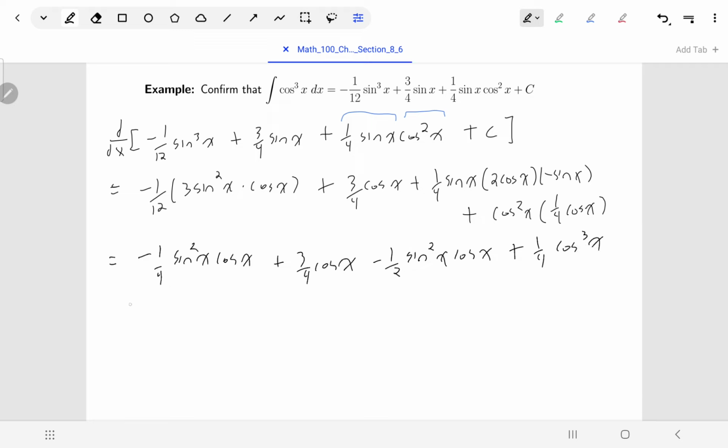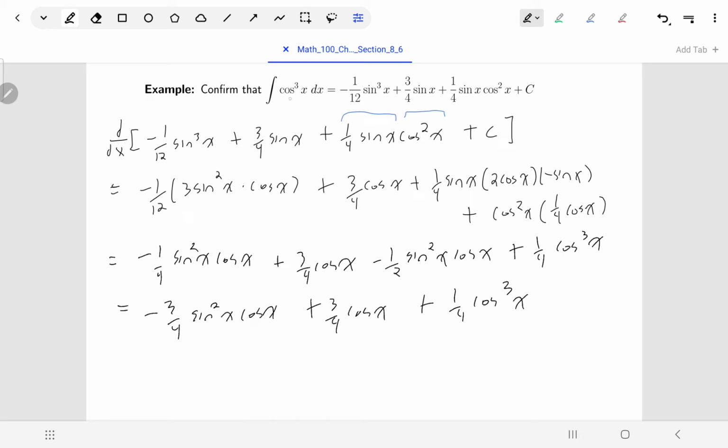So one thing I can do right away is simplify this. I've got some sine squared cosines that I can add together. So I've got negative 3/4 sine squared cosine, 3/4 cosine, and 1/4 cosine cubed.